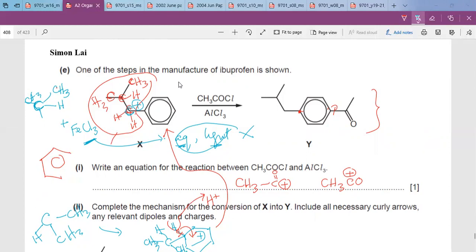Don't know why it's not working. Sorry, this one. The other one is not working. Carbon. Okay, here's a carbon. Okay, which is carbon here. Right now. Okay, there should be a H here, a H here, and there should be a Cl here. Yes? Okay, now let's complete this one here.